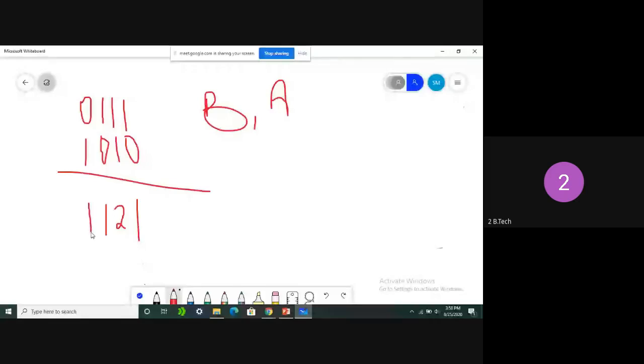This is in terms of ones and zeros, a purely binary number, and the second one is also a binary number. But how did we get this value 2 in a binary number? The result should also be a binary number.